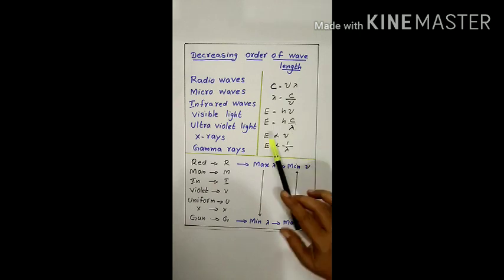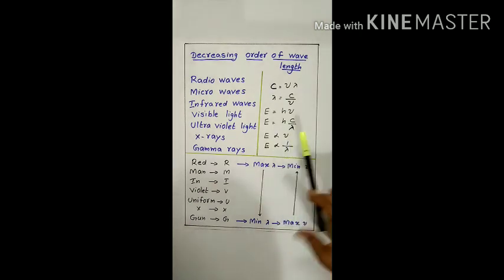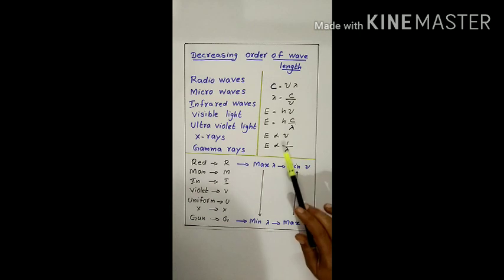From this equation, E is proportional to nu. When the frequency of the electromagnetic wave increases, the energy of the electromagnetic wave also increases. So, gamma rays have maximum frequency, so they have the maximum energy, and radio waves have minimum frequency, so they have the minimum energy.